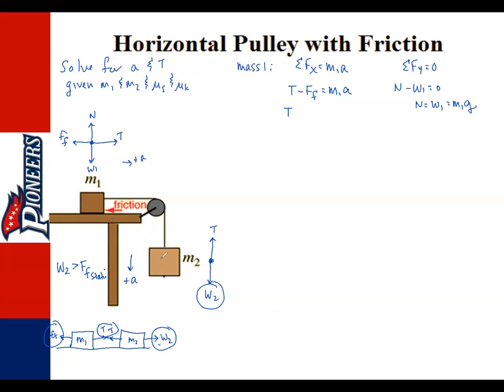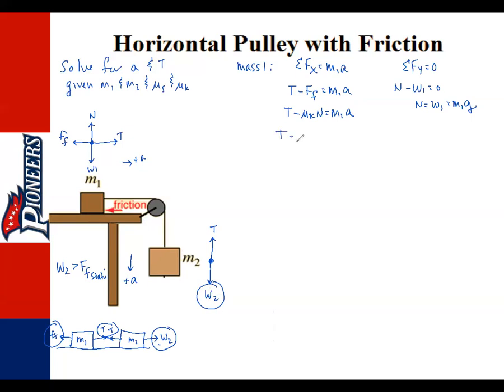In order for this to move at all, the weight of this has to be greater than the friction acting on this. To make something move, we have to overcome static friction. We're assuming that's the case, so it's going to move, and then it is kinetic friction, and the equation is T minus kinetic friction equals M1A.